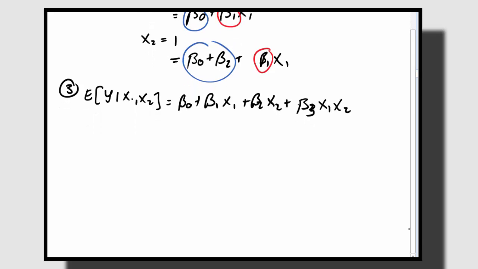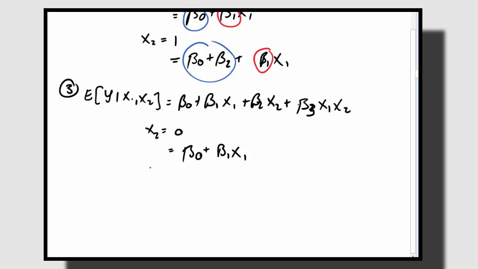Now, let's look at what happens. When x2 is 0, this works out to be beta naught. The beta 1 x1 is still there. Beta 2 x2, this term is 0. And beta 3 x1 times x2 is also 0 because x2 is 0 in both those cases.